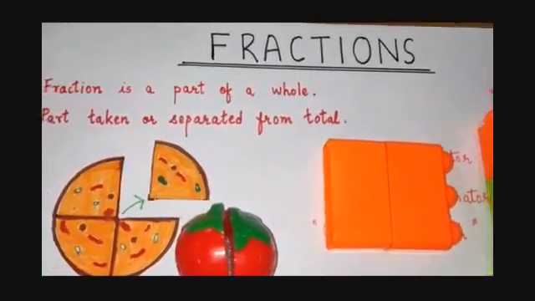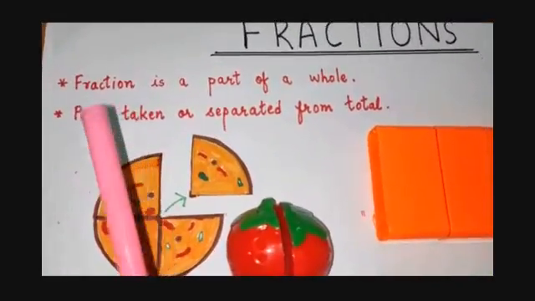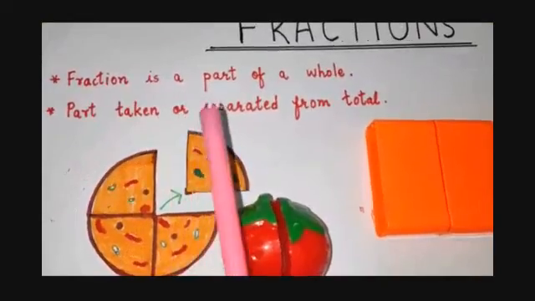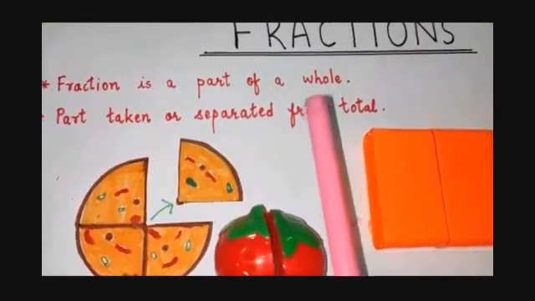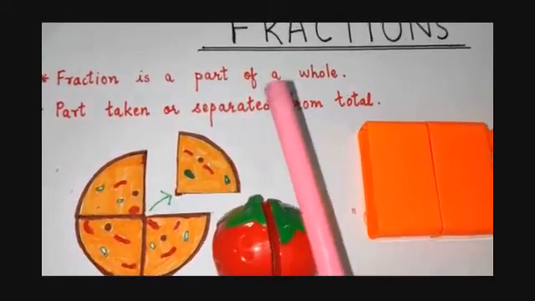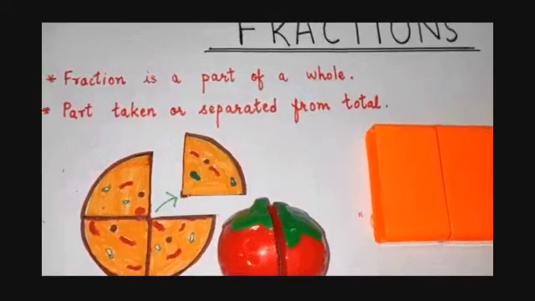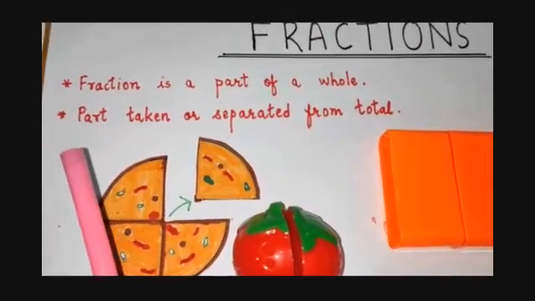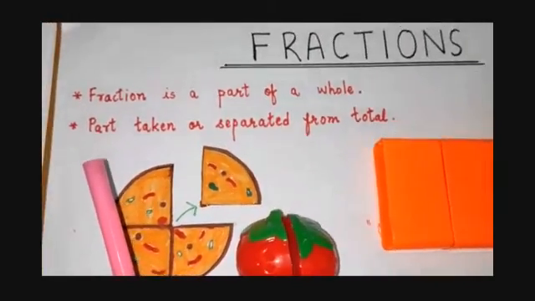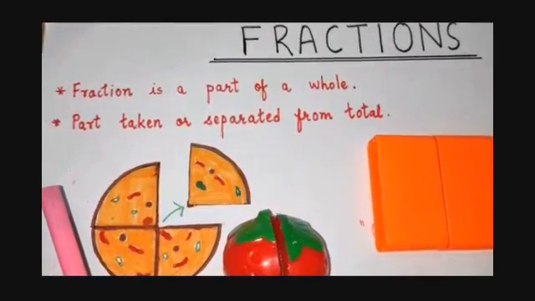To answer this question, I'll read out two sentences before you. A fraction is a part of a whole object or a collection of things. Second, it is a part taken or separated from the total.